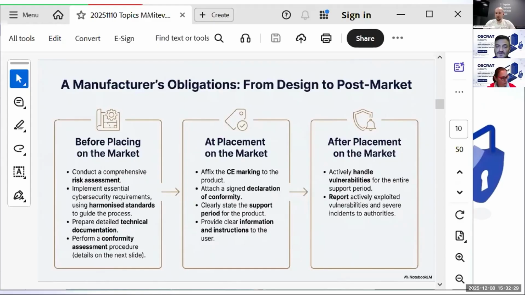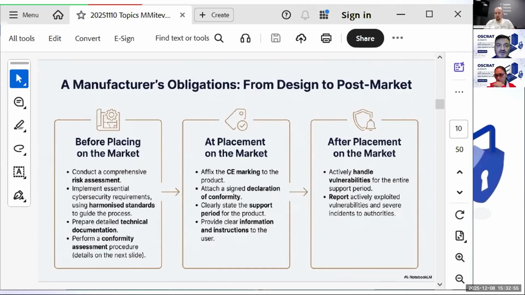Thank you, Christian, for this important information. I will continue with the next slide, which explains the full journey of the manufacturer under the CRA. Before a product is on the market, the manufacturer must do a full risk assessment and apply essential cybersecurity requirements.